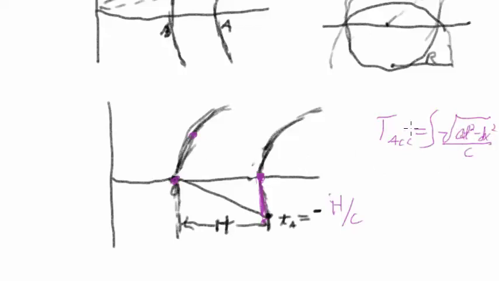Anyway, when you do that, since these are both starting out at the same time and finish, they will actually end up reaching t sub acc on their clocks. If that happened, then they would end up on this space-time diagram coming to reach their final acceleration at the same moment in time.